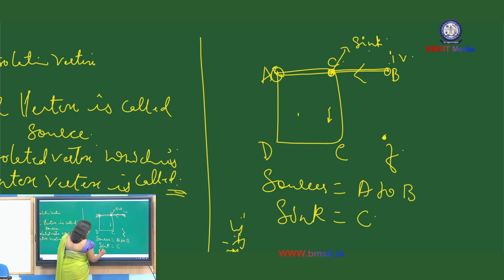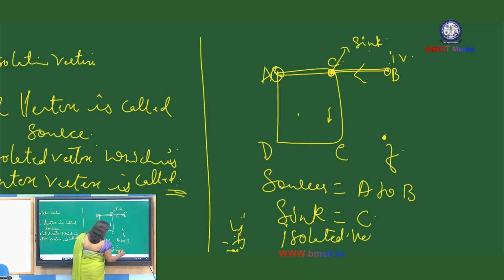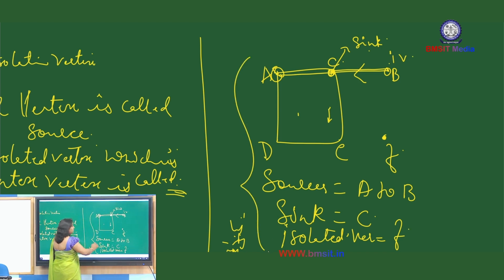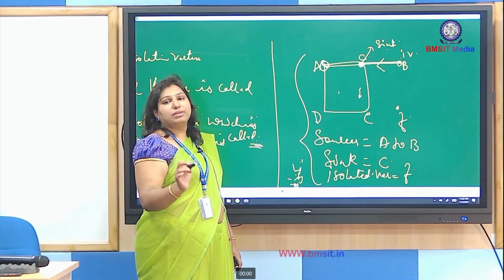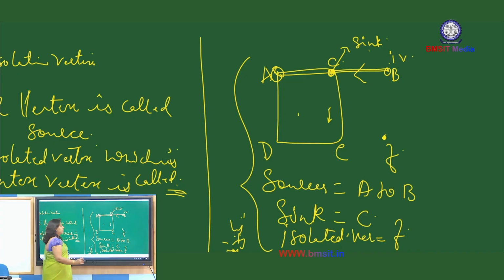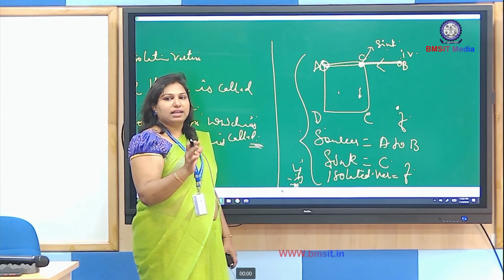The point F is an isolated vertex. So this isolated vertex is F. This is how the basic terminologies of graph are used.